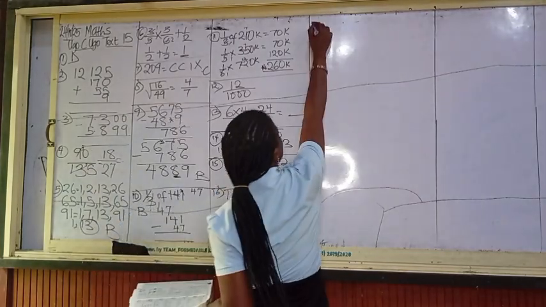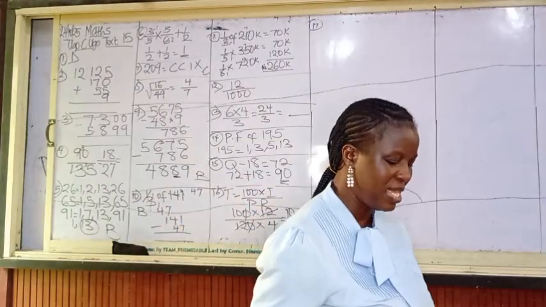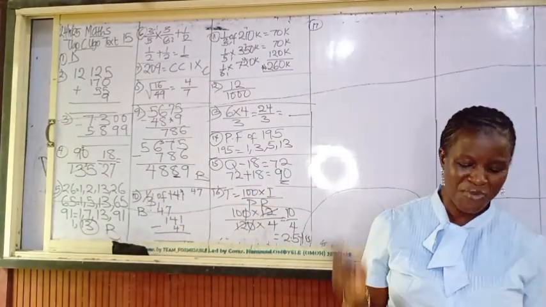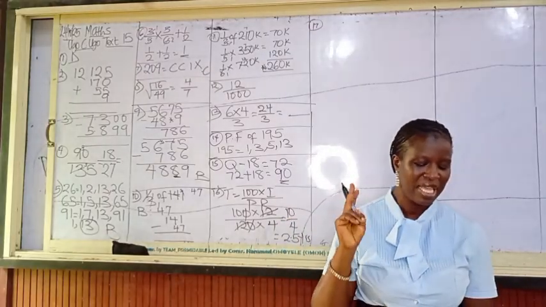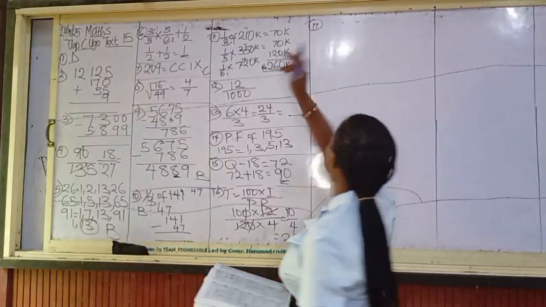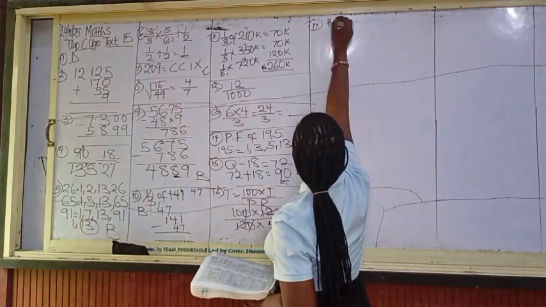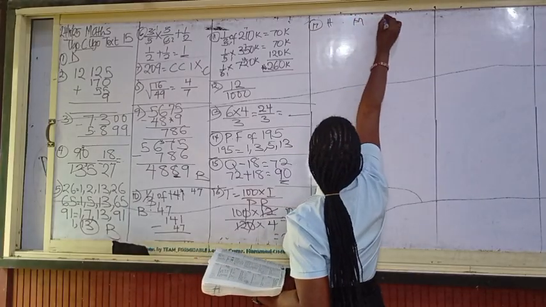So now to number 17 question. Hours, minutes, and seconds. We have 5 hours, 18 minutes, 32 seconds minus 3 hours, 18 minutes, 46 seconds. So we have hours, minutes, and seconds.